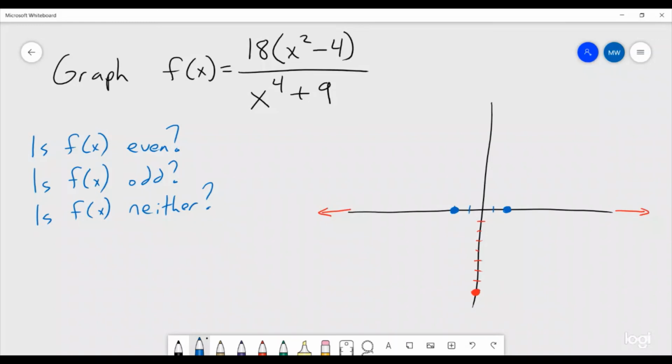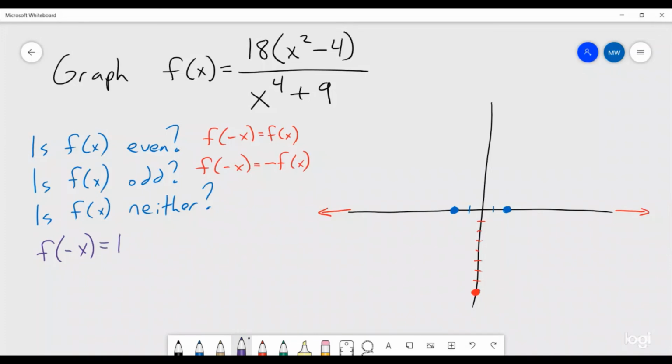Well, how do we check if something is even? Remember, even is where f of negative x equals f of x. Odd is where f of negative x equals negative f of x. And neither is when neither of those are true. So let's test each of these. Let's look at f of negative x.